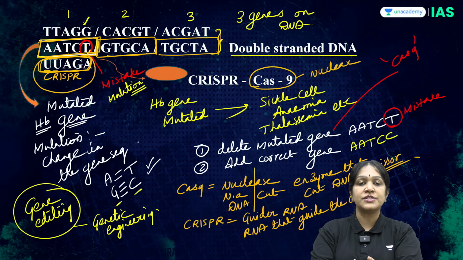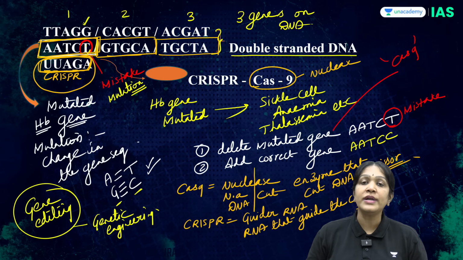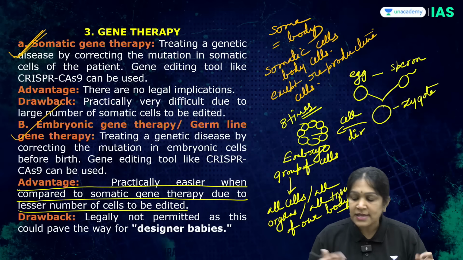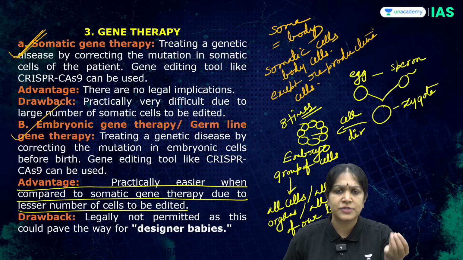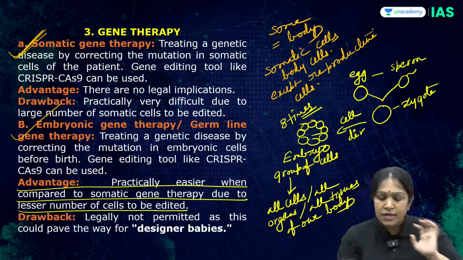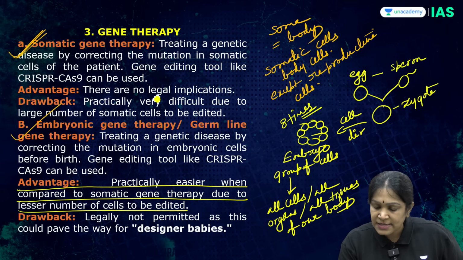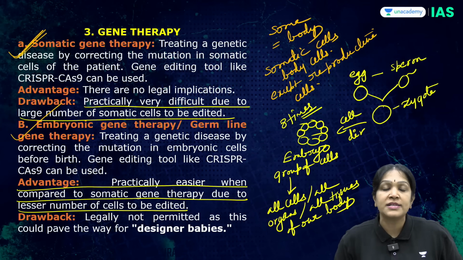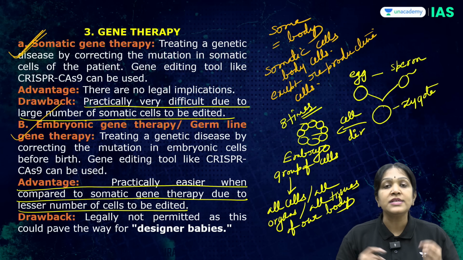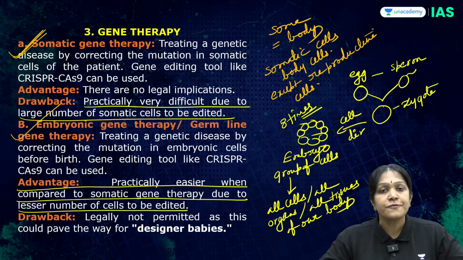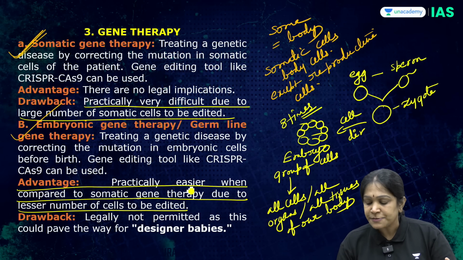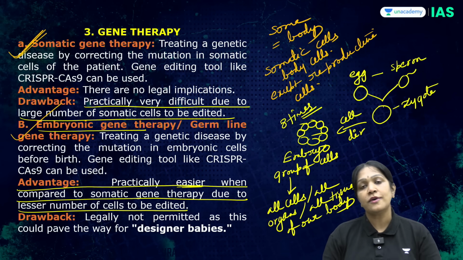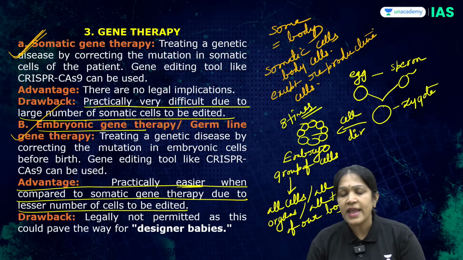If I do this procedure in the somatic cells, I have to do it trillions of times. But if I do it in the embryonic cells, I will have to do it only 4 times or 8 times. So therefore, somatic gene therapy is practically very difficult because of the large number of somatic cells to be edited. I have to do this editing in trillions of somatic cells, whereas embryonic gene therapy is easier because you have to do that editing only in 8 cells.